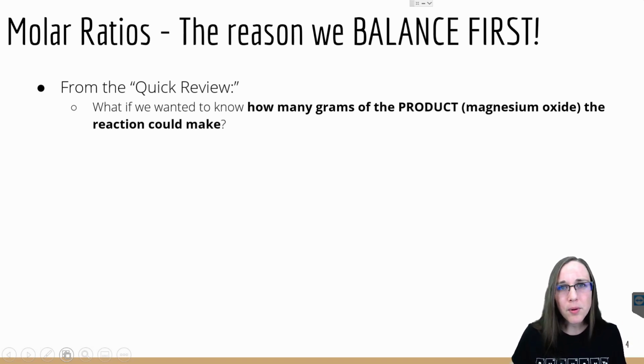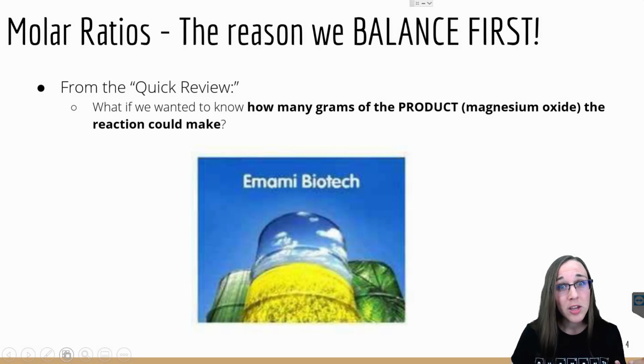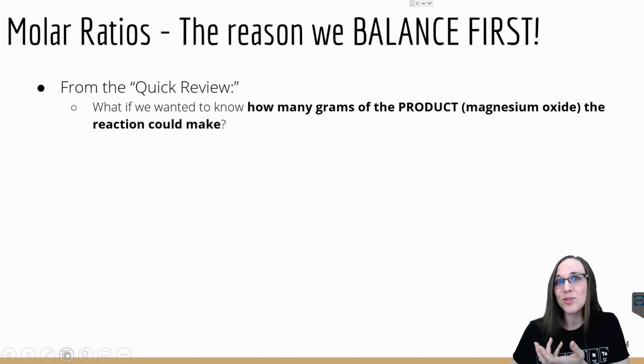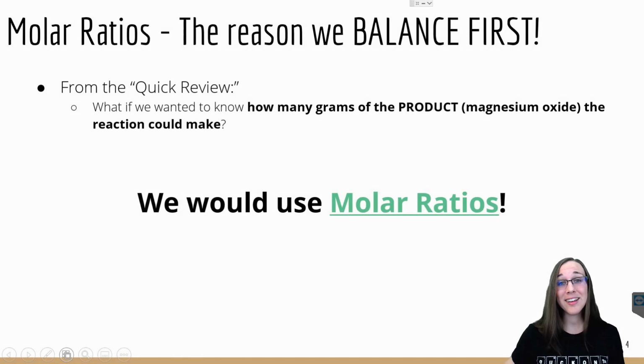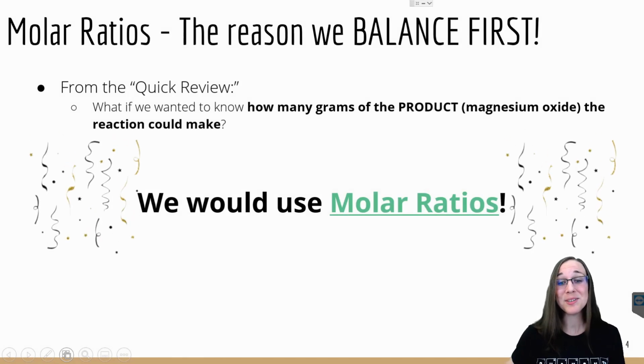That's kind of important if you are the person trying to create a corporation or a business whose sole purpose would be, I don't know, generating biodiesel fuel. You'd have to know how much reactant, how much oil do you need in order to create the sellable product of biodiesel fuel on the market. So these calculations are very essential to literally all of the real world applications of chemistry. And herein we use our molar ratios.